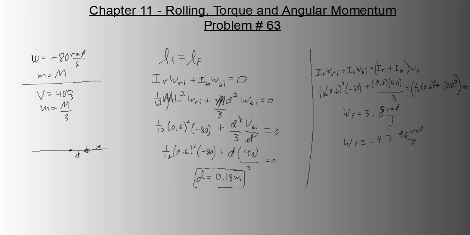As you can see, you could do values closer and closer to 0.18 from either side, but the cutoff is 0.18 where it stops. Anything greater than 0.18 for D continues on, or it spins clockwise, and anything less than 0.18, the rod continues on counterclockwise. Alright, that was a cool problem. Let's do one more, 67 coming up.